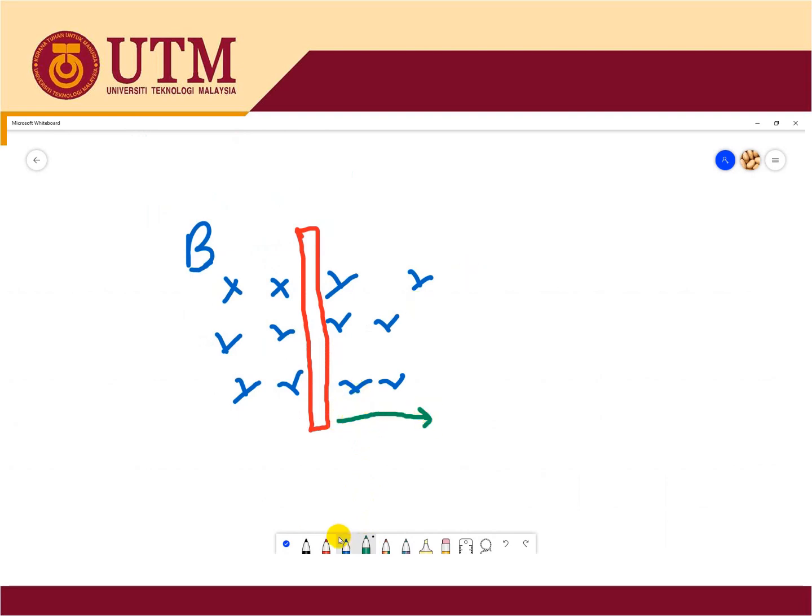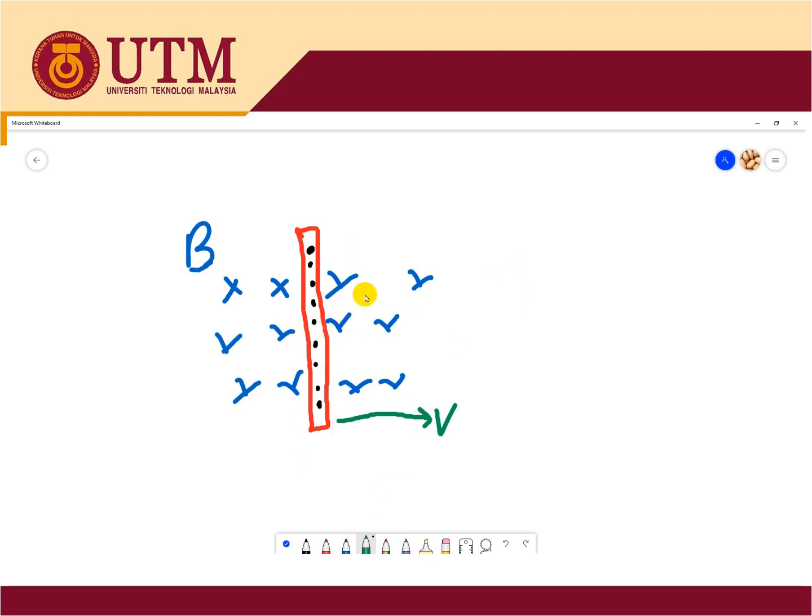If you remember, there is charge inside the wire, fixed charge. What happens if you move this? Remember the Lorentz law. This one is V. If you move this, the charge will experience force.